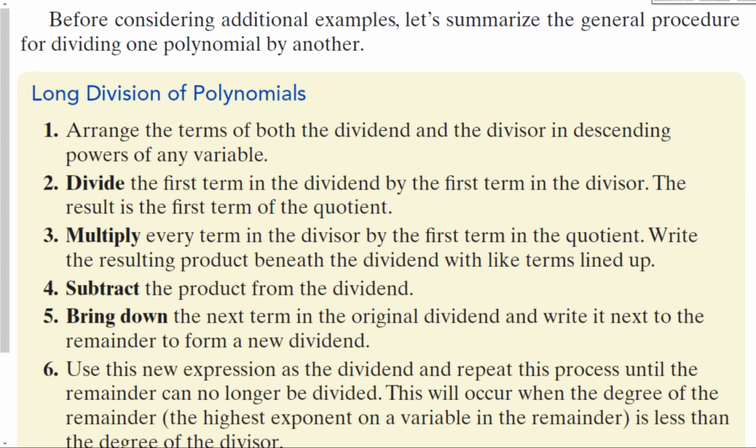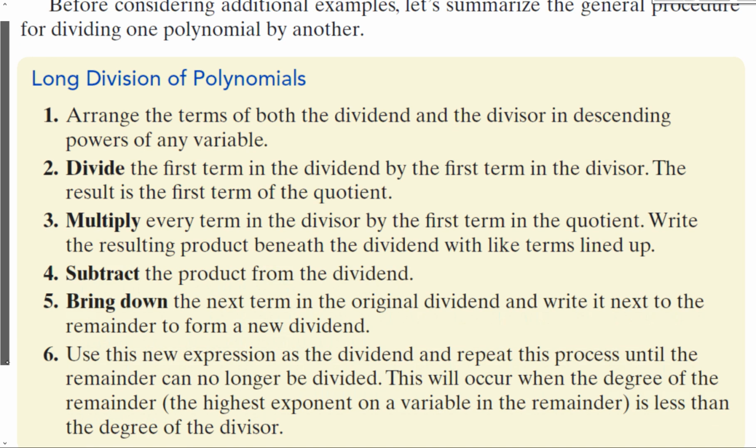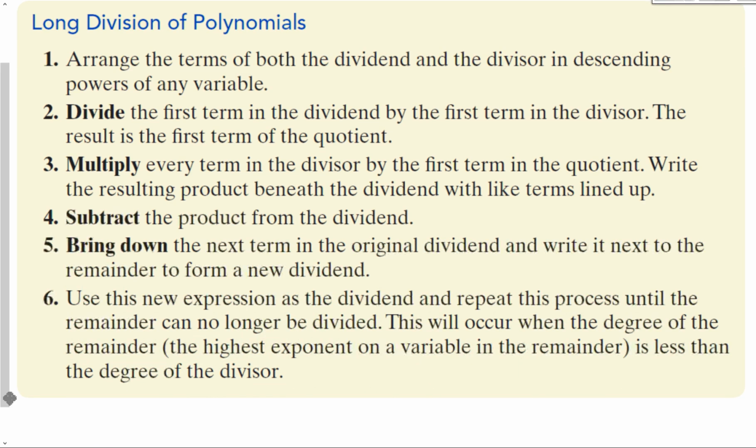Next, multiply every term in the divisor by the first term in the quotient. Write the resulting product beneath the dividend with the like terms lined up. That's important too. Line up the like terms so you can stop from making a mistake. Subtract the product from the dividend, bring down the next term in the original dividend, and write it next to the remainder to form a new dividend.